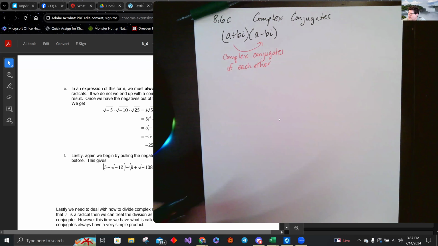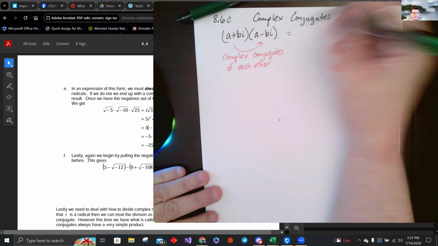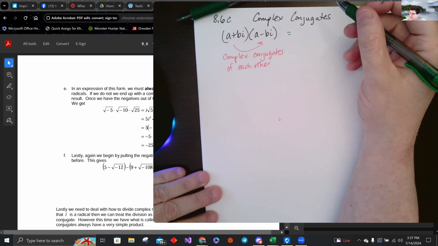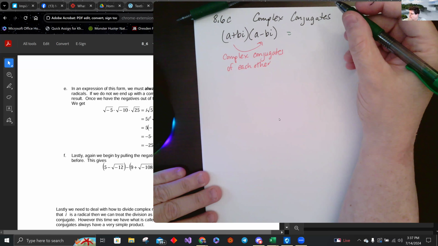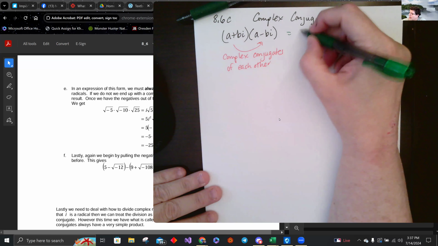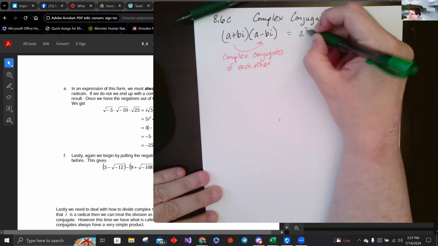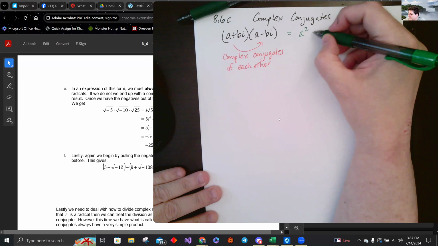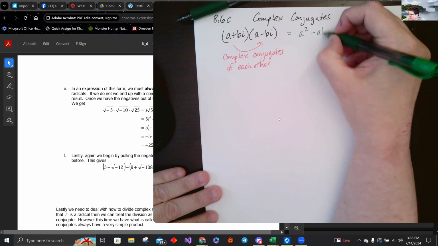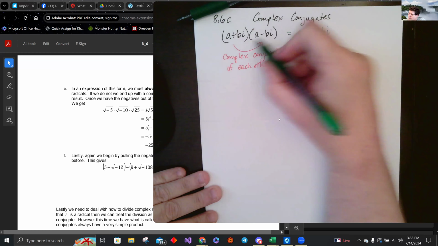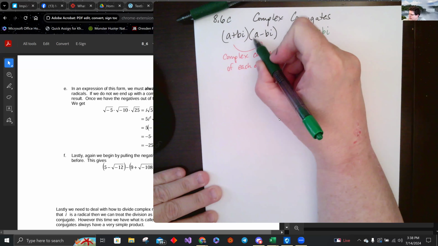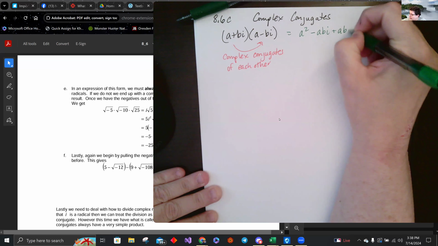And you will see that when we multiply these, in fact, I'll work it out real quick. We have a times a is a squared. We've got a times negative bi, which is minus abi. Then we do inside, a times bi is plus abi.